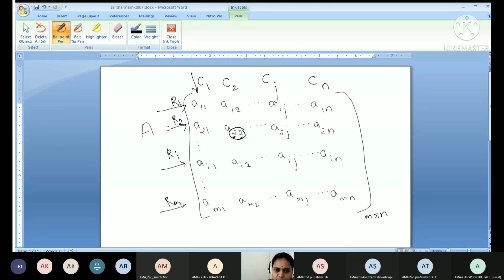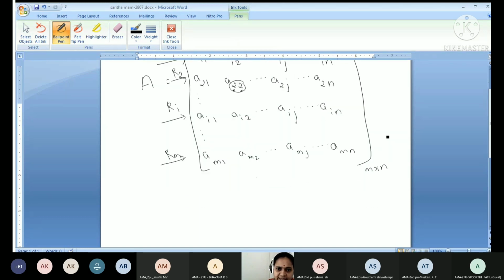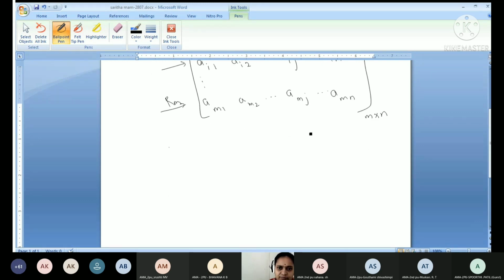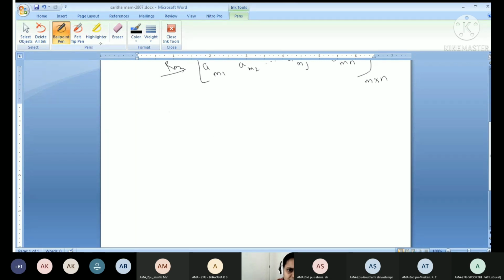One more thing I want to tell you is, if you want to construct a 2 by 3 matrix, how will it be? Write a general 2 by 3 matrix. 2 by 3 means what?